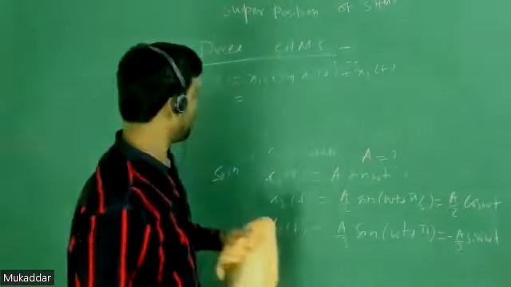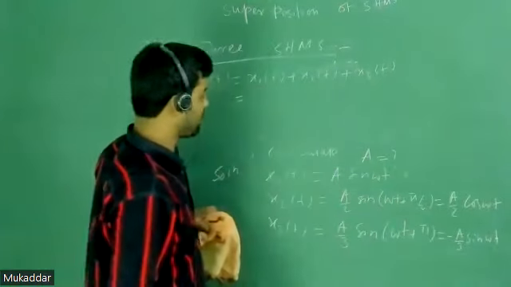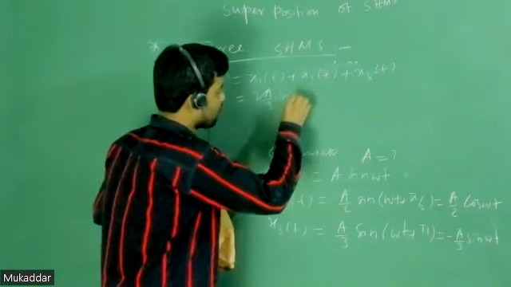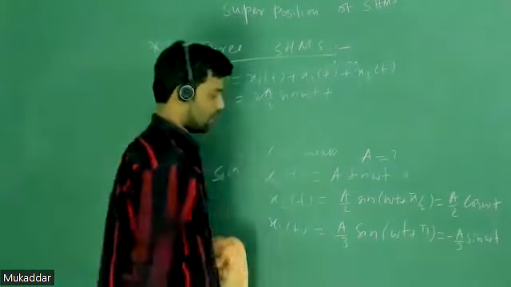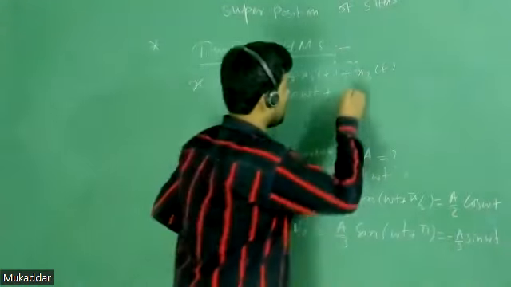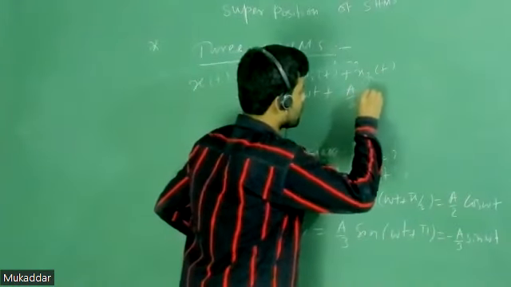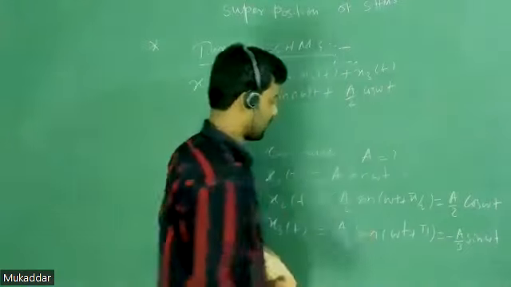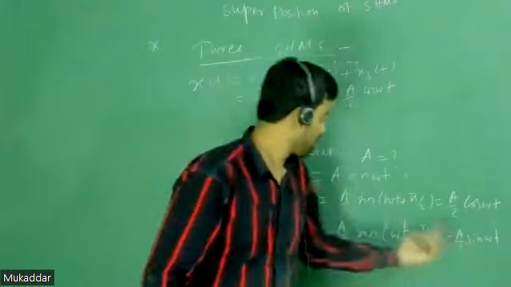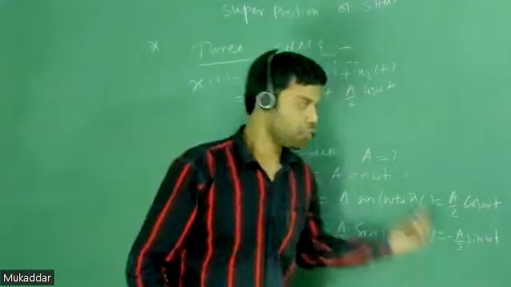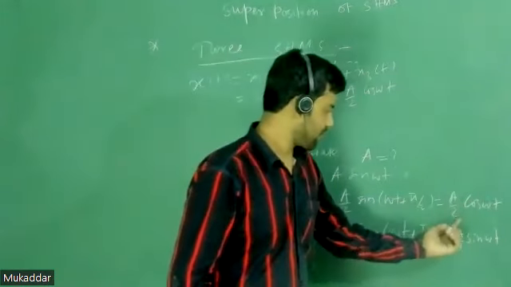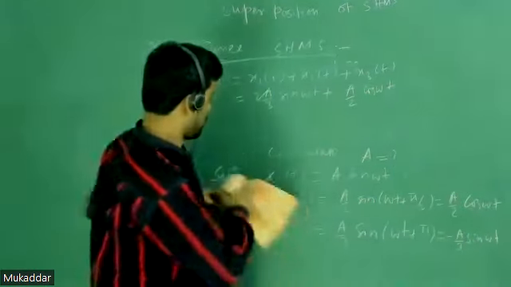If you collect their amplitudes, A minus A by 3 will be 2A by 3 sine of omega t, and then x2(t) is A by 2 cosine of omega t.